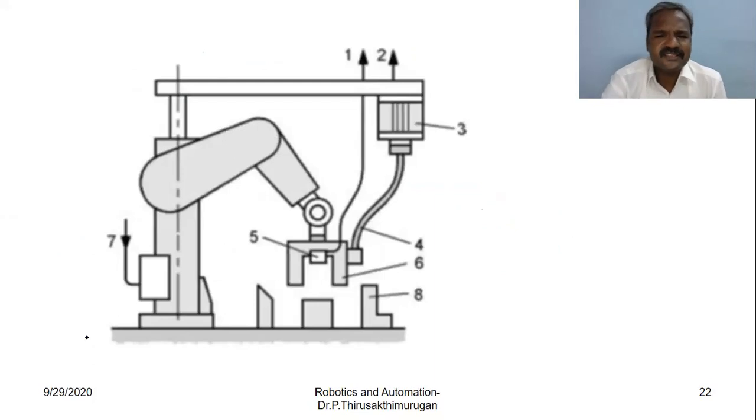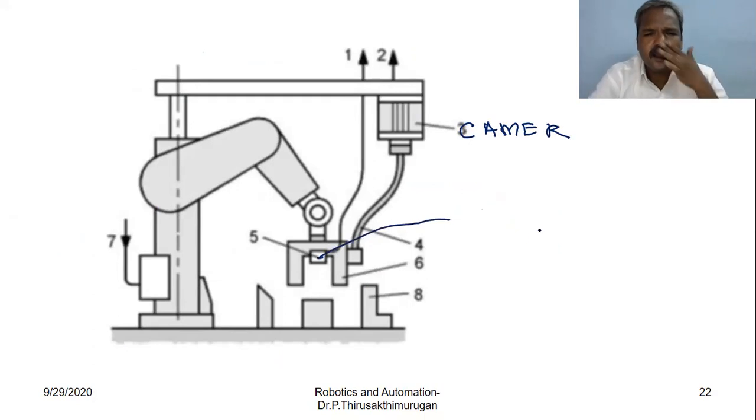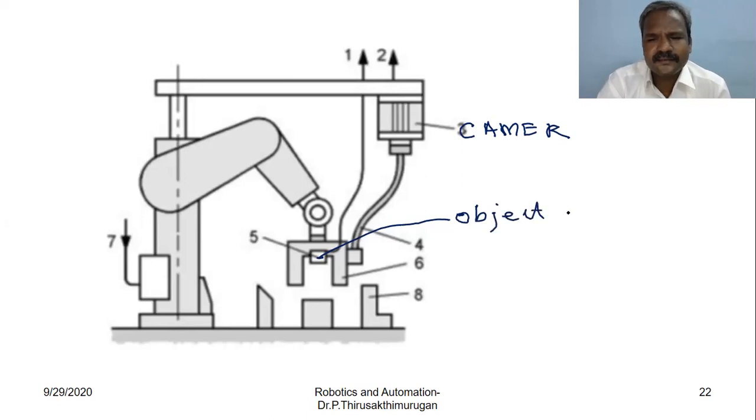This is the electrically actuated gripper. Actually, you see what is here. This is the camera, this is the sensor, the object detection sensor.